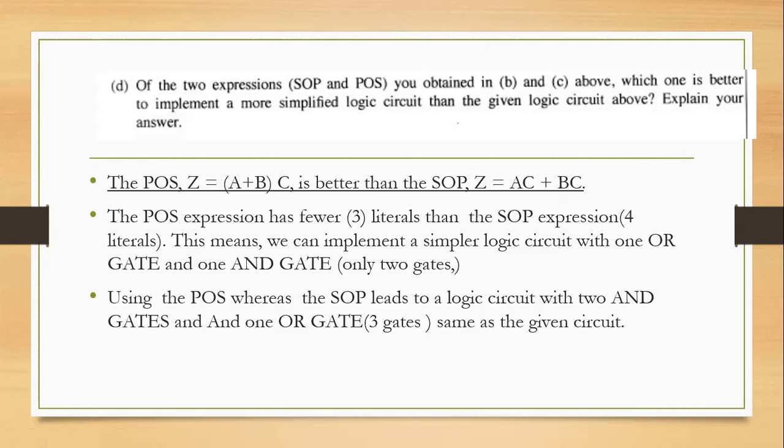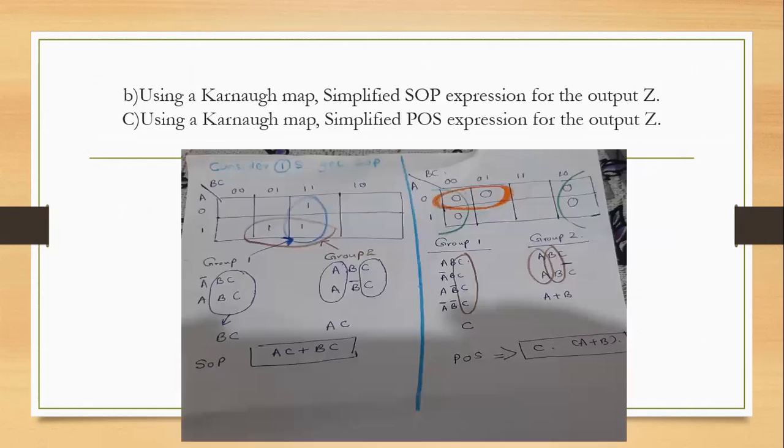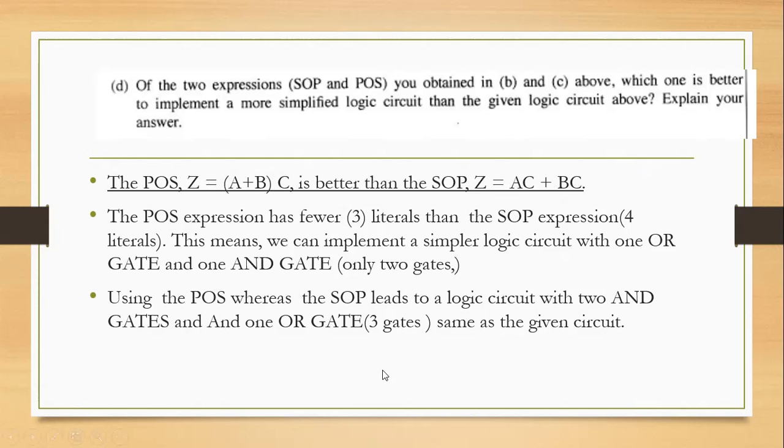Of the two expressions, SOP and POS, you obtained in B and C above, which one is better to implement a more simplified logic circuit than the given logic circuit above? Explain your answer. The POS Z, (A plus B) C, is better than AC plus BC.